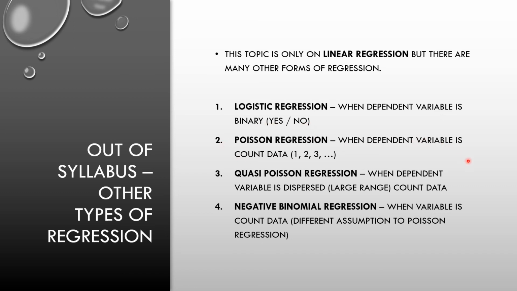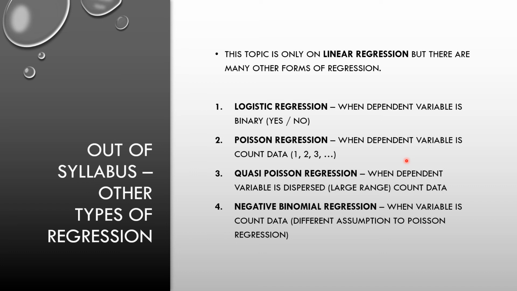Poisson regression is when the dependent variable is counts. That means whether you get certain things, based on count data. In linear regression, your dependent variables are not integers; they are real numbers with decimal points. In Poisson regression, the dependent variables are actually integers. Quasi-Poisson regression is when the dependent variables are integers but have a very large range, for example from 0 to 10,000.